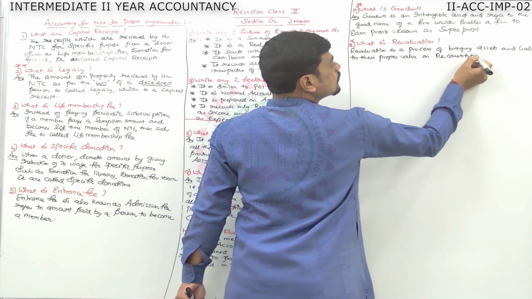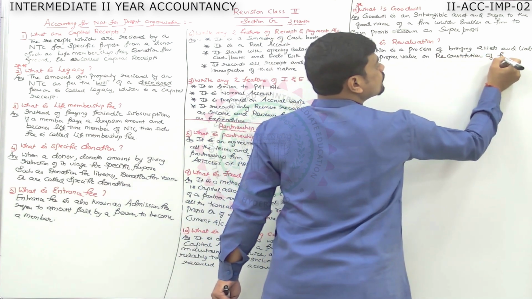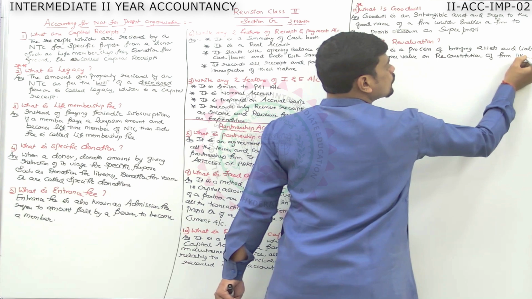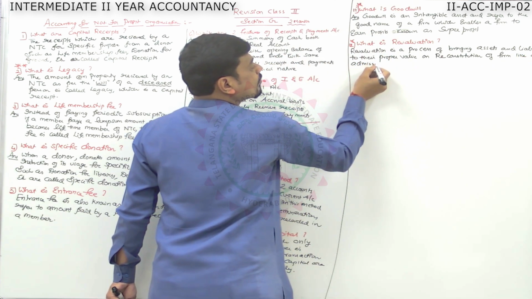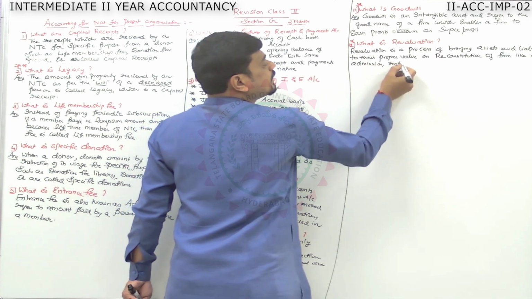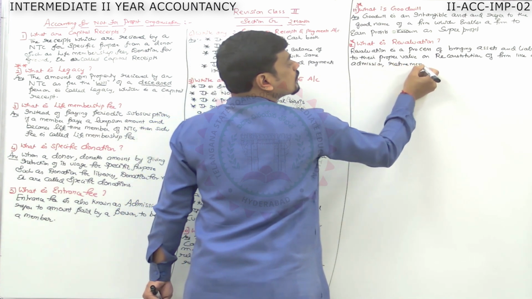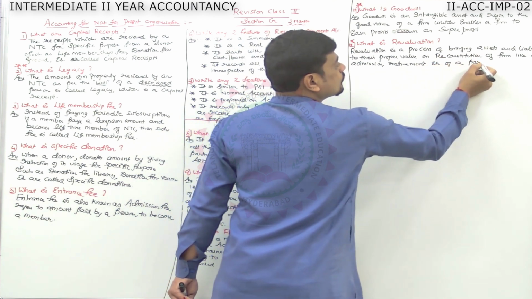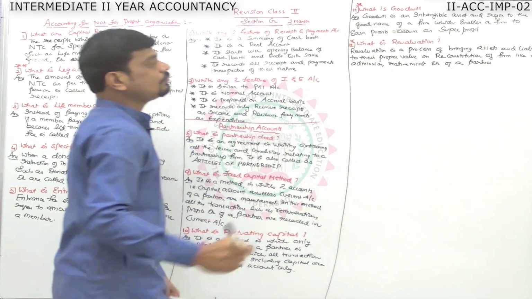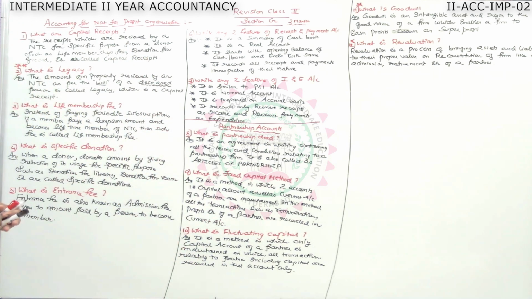Please use the word reconstitution of firm, like on admission, retirement, etc. of a partner. Simple. Okay. Revaluation is the process of bringing assets and liabilities to their proper value.